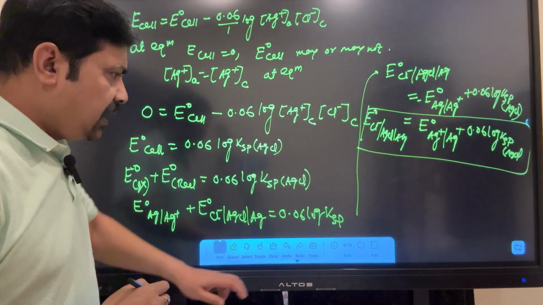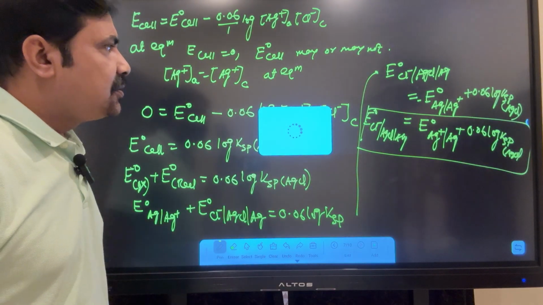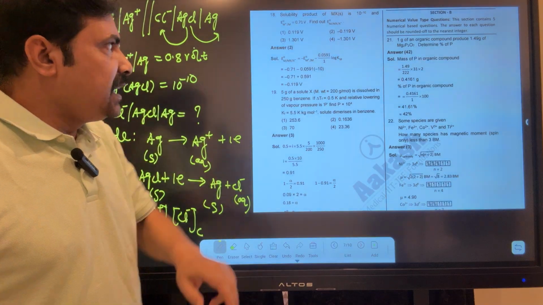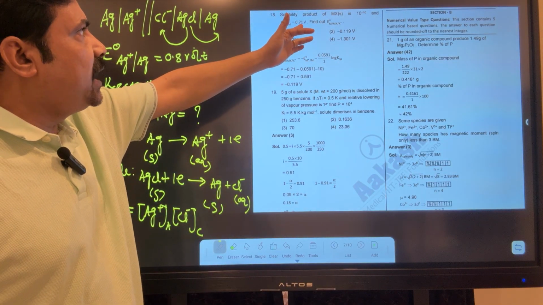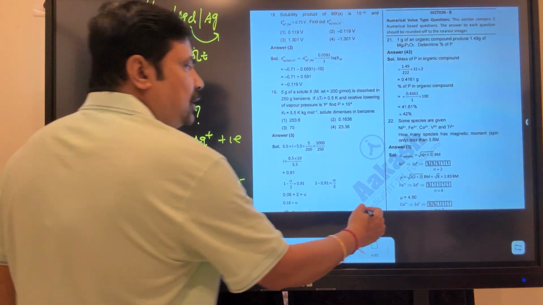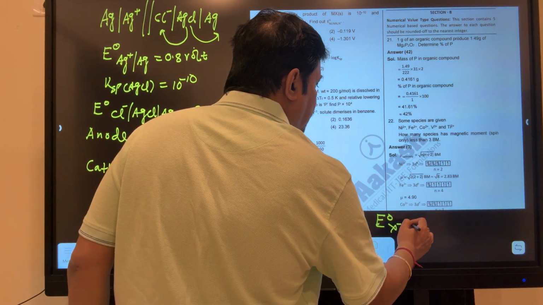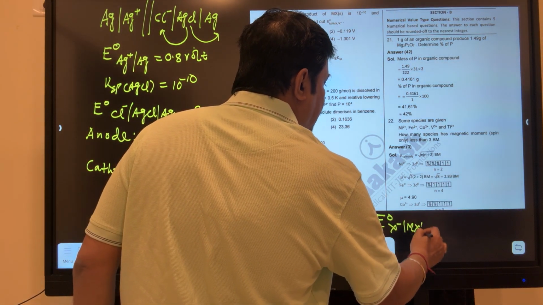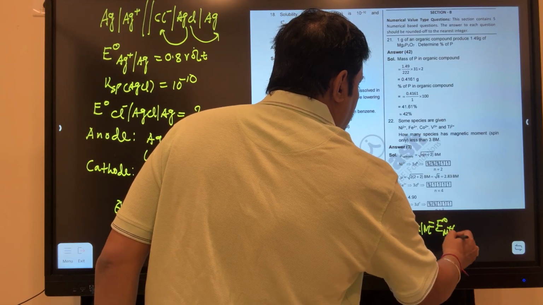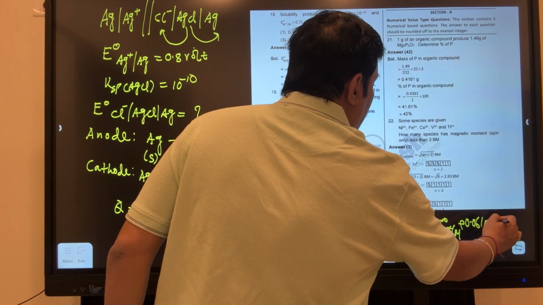Now in the same way they give the problem. They are asking for E naught of MX, X minus. Whatever data they provided, the Ksp, directly you will find E naught of X minus, MX and M, which will be equal to E naught of M plus to M plus 0.06 log of Ksp of MX.